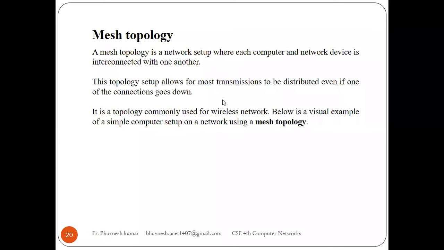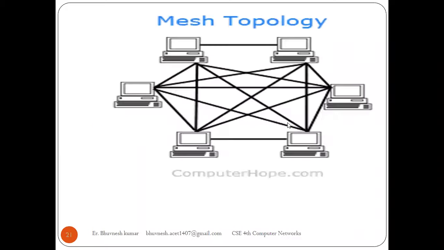So in your mesh, if one connection goes down, you can still communicate your data between your nodes. It is a topology commonly used for wireless networks.